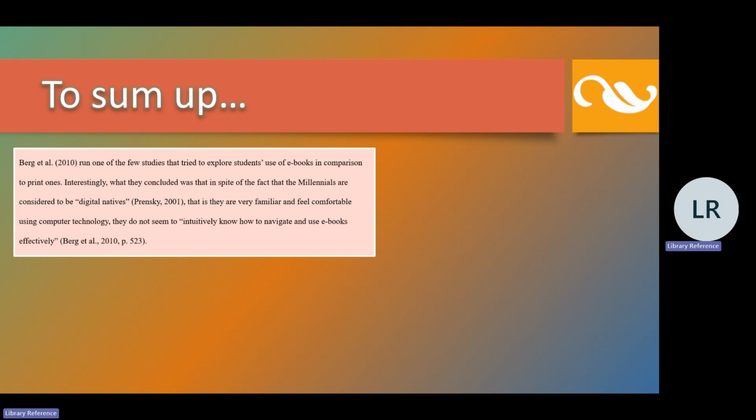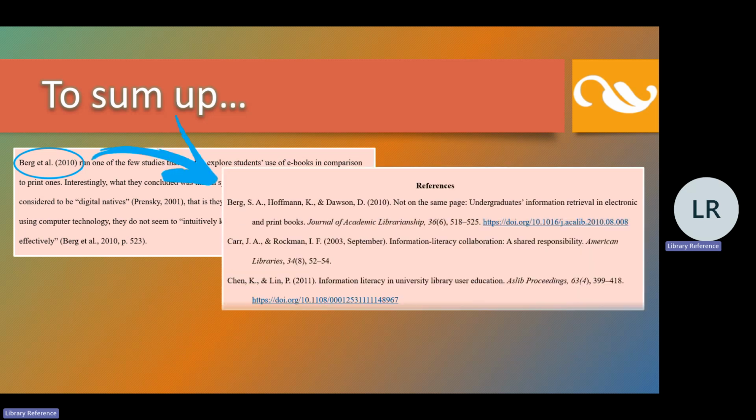The reason is that when your reader reads this paragraph in your paper and they notice something interesting, which according to you is something that you read in Berg et al. 2010, what the reader will do is they will take this in-text citation and they will go to the list of references at the end of your paper and alphabetically try to find the rest of the information about this source.